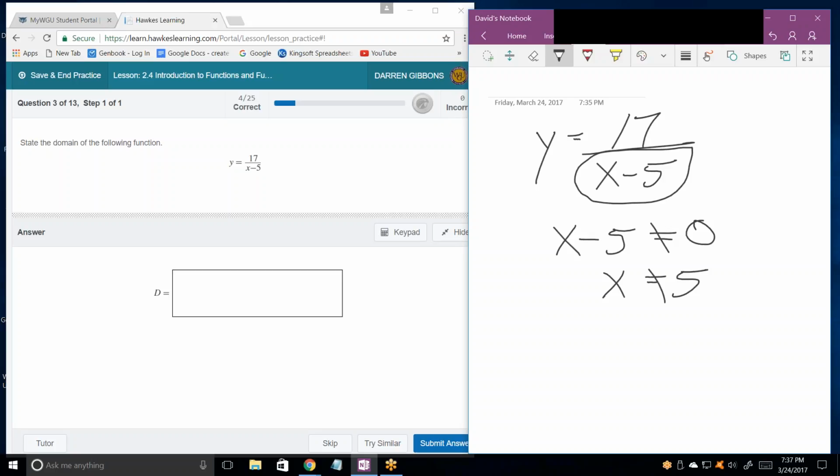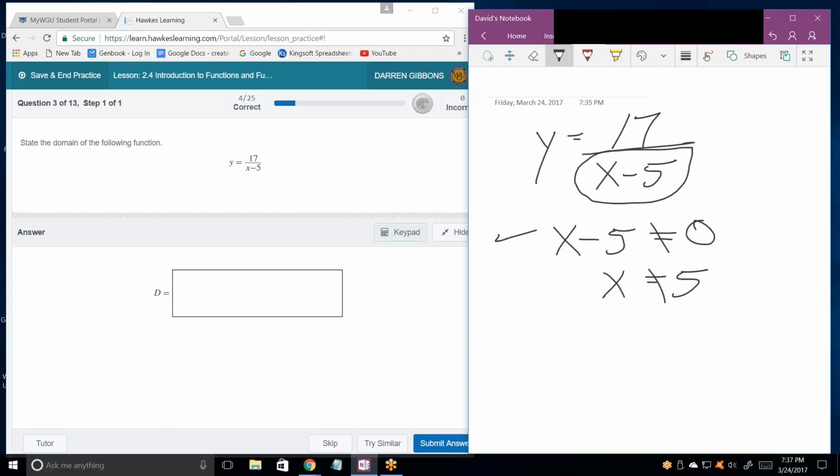So I solve the equation, setting it not equal to 0, which means x cannot be equal to 5. Notice that if x were 5, we'd be dividing 17 by 0. So it's all real numbers except x equal to 5.